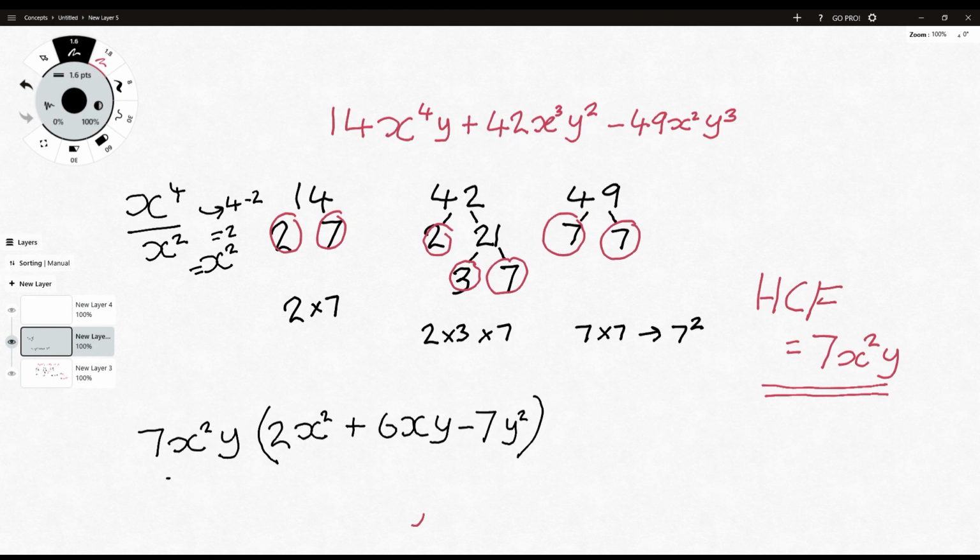And then we've got nothing else to do, so we close the bracket. This now gives us the fully factorized expression. If you wanted to prove this was correct, you'd need to expand the brackets, and expanding the brackets should take us back to our original series of expressions.